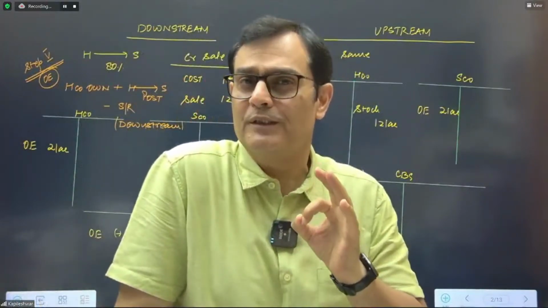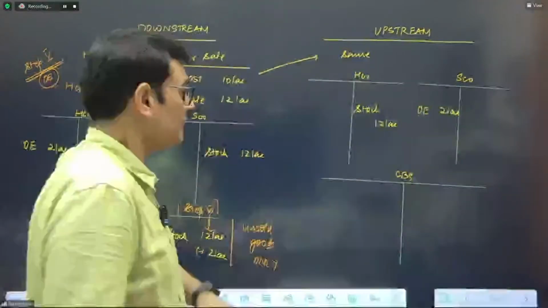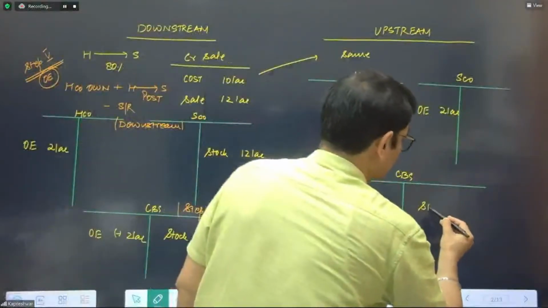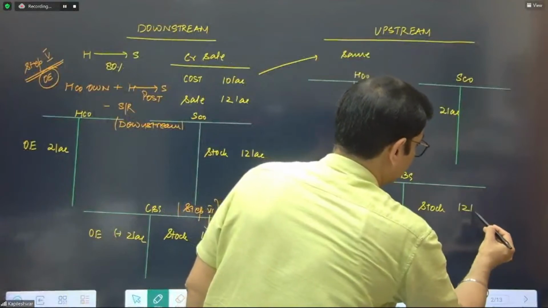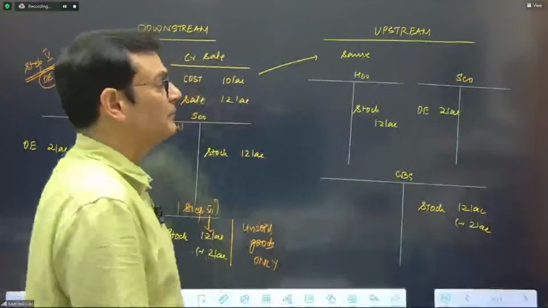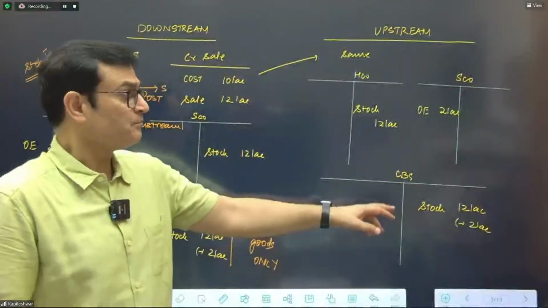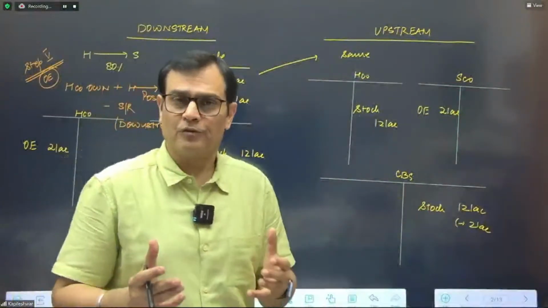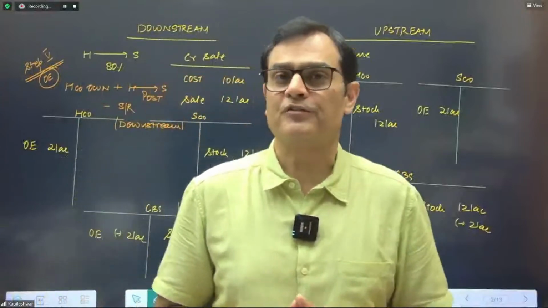Now, what do you need to do in the consolidated balance sheet? I think one thing is pretty logical, that the stock cannot appear at 12 lakhs in the consolidated balance sheet. You need to definitely eliminate the unrealized profits because the goods are unsold. So you're going to eliminate that 2 lakhs from the figure of stock.